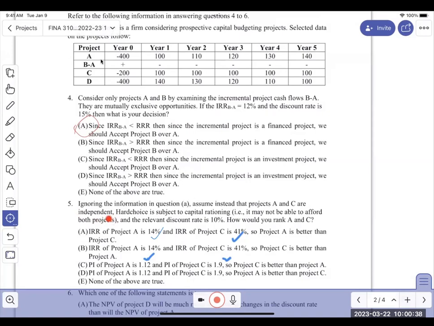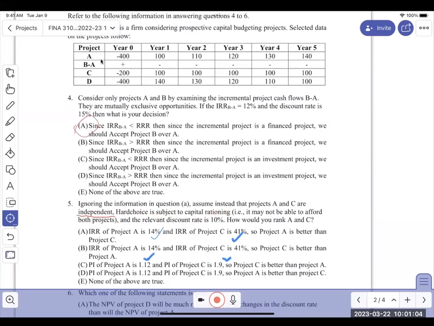And they're independent. So you don't have to make a mutually exclusive project analysis of incremental cash flows. You just say, I'm going to pick A, I'm going to pick C. Oh, but the way I wrote it, A is better than C. We're not supposed to say that when it's an independent project analysis, right?